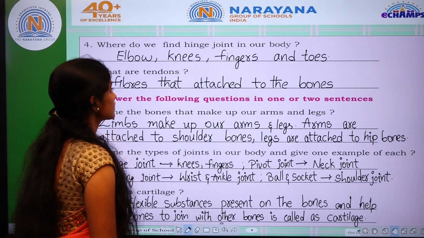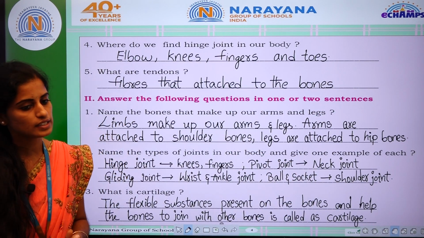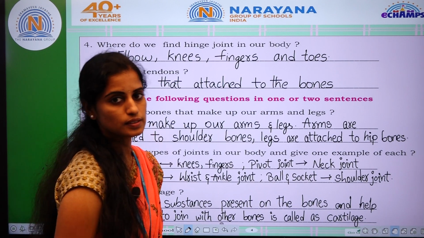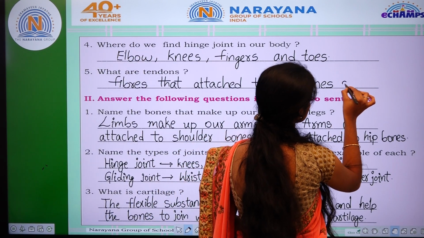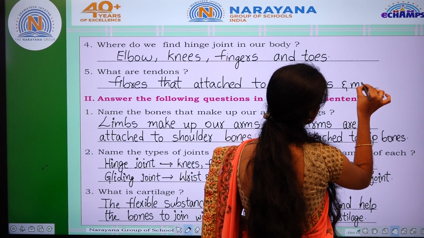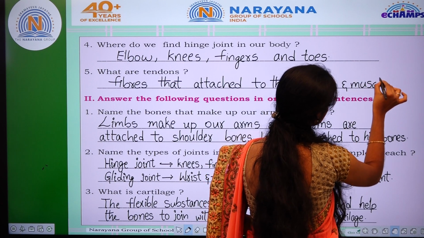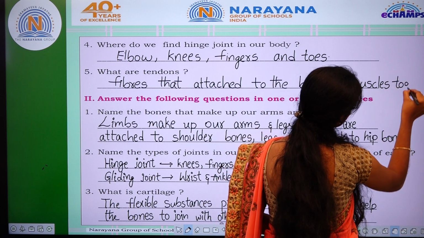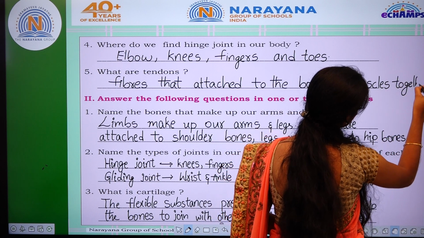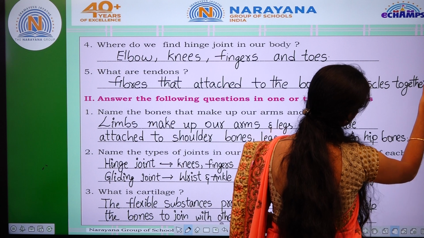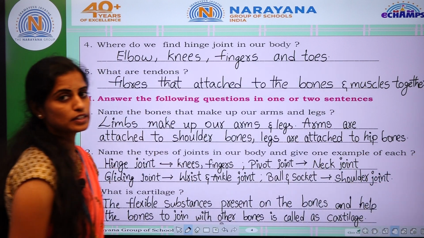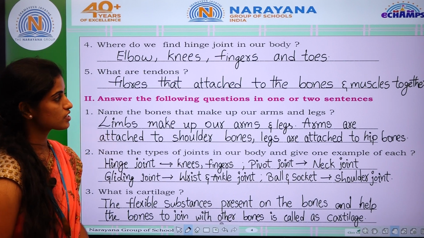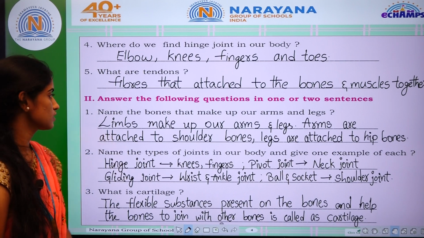What are tendons? Fibers that attach the bones and muscles together are called tendons.